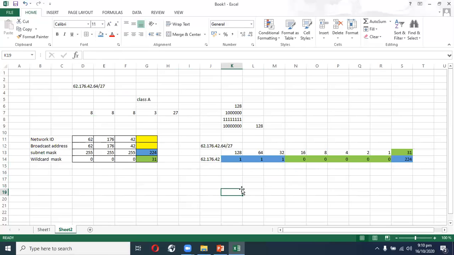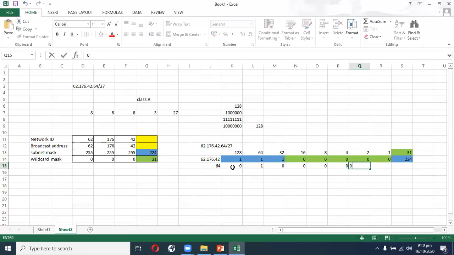Okay, now we need to figure out what will be our network ID and the broadcast address. Our last digit is 64, so now we need to write 64 in binary form. So 64 will be 0, 1, 0, and the rest will be 0.